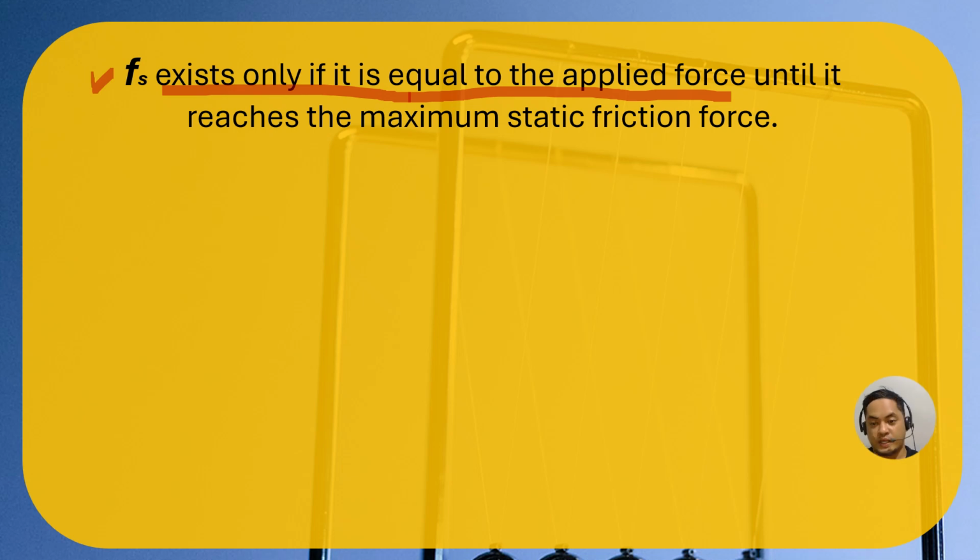There's motion in it. And remember, static friction keeps the object at rest, not moving. It will only lose its power once the applied force is greater than the maximum static friction force.